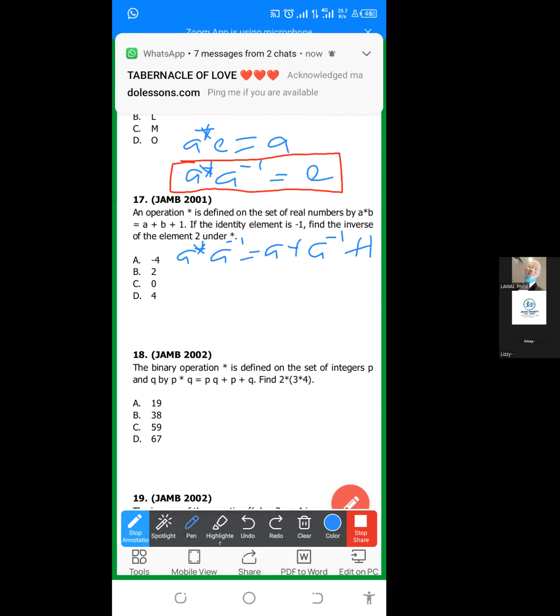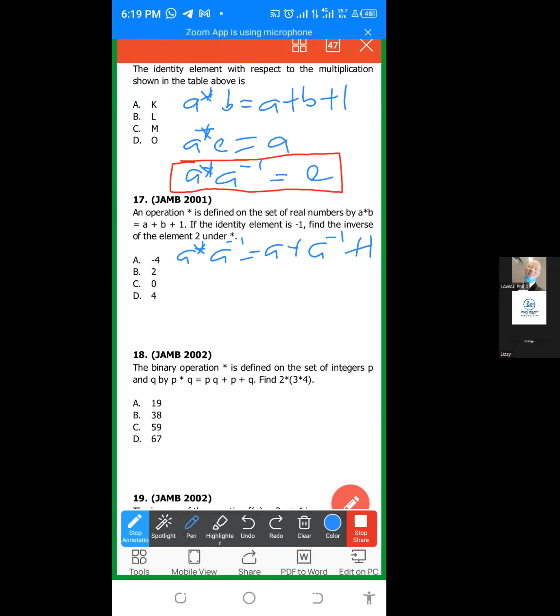But the answer you must get is -1, because -1 is your identity element. So A plus A inverse plus 1 is equal to -1. I need to get A inverse.